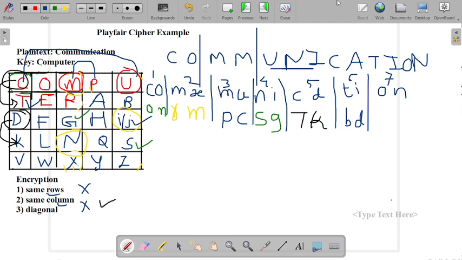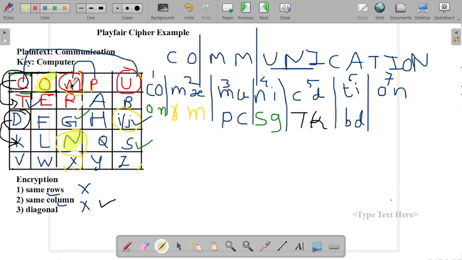Now let's begin with our seventh group. In the seventh group, the characters are O and N. So this is our O, and this is our N. So for O and N, again these characters are in the diagonal.